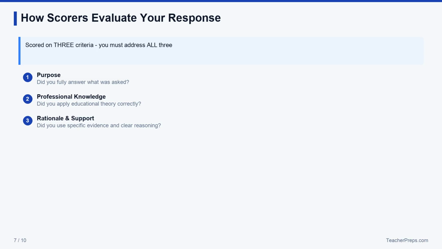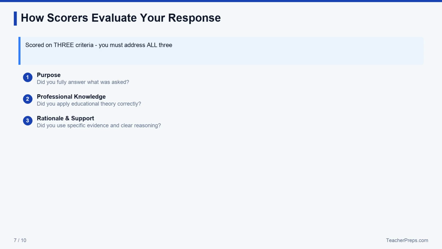Understanding how your response is scored is essential for success. Scorers evaluate your response on 3 criteria. First is purpose. This measures whether you fully answered what was asked. Did you address both Part 1 and Part 2? Did you stay focused on the task? Second is professional knowledge. This assesses whether you accurately applied relevant educational theories, research, or best practices.